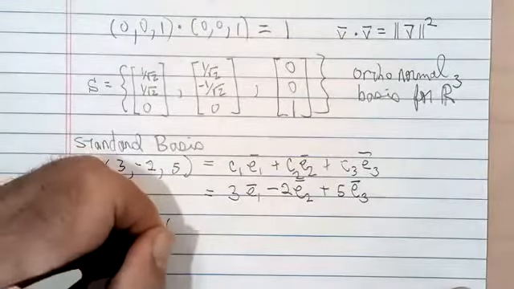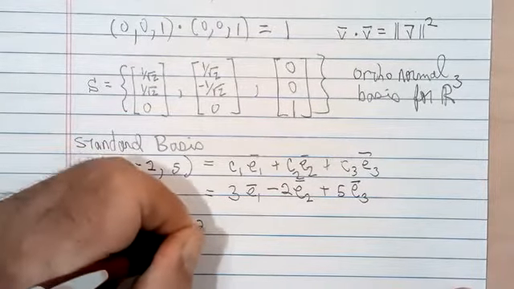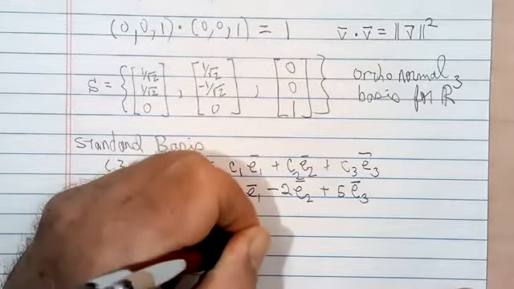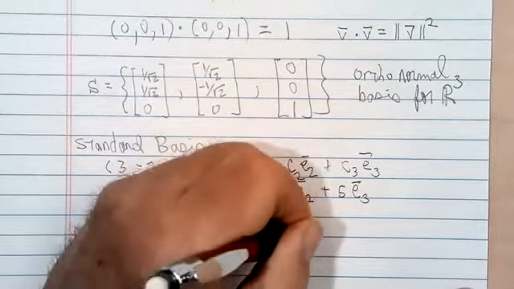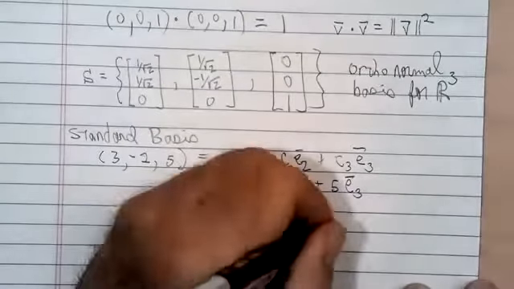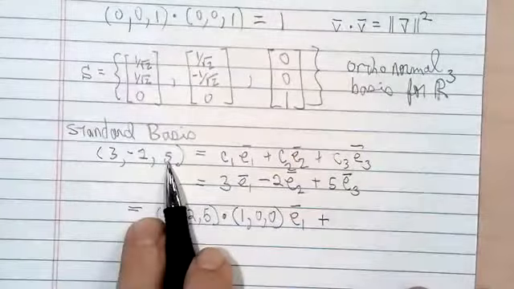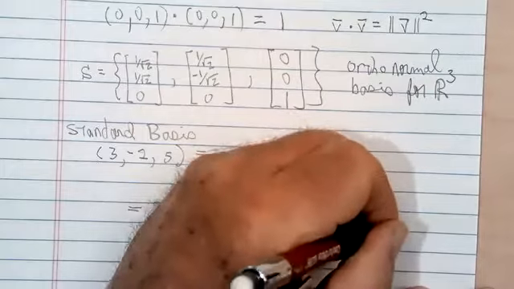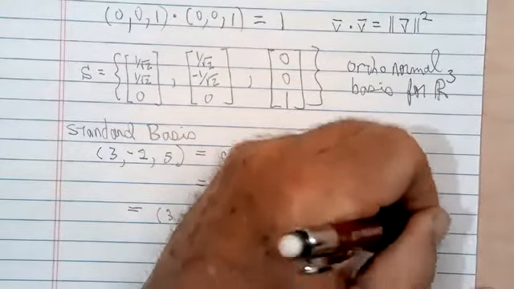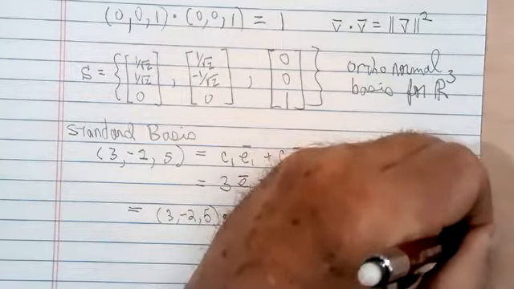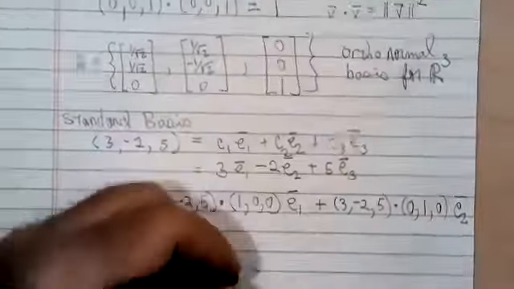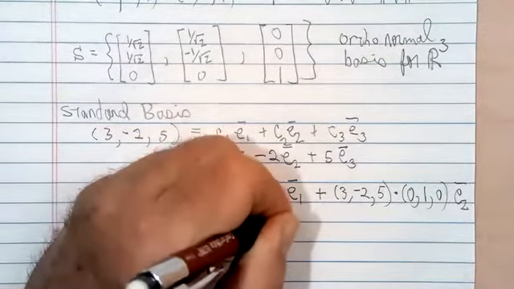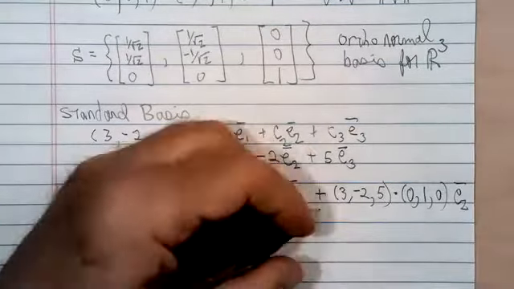If I take this vector right here, 3, minus 2, 5, dot it with E1 and multiply by E1, plus this vector right here, 3, minus 2, 5, dot it with E2 and multiply by E2, or i, j, and then the k next. 3, minus 2, 5, and dot it with 0, 0, 1.